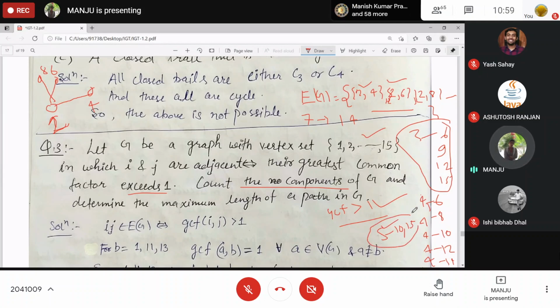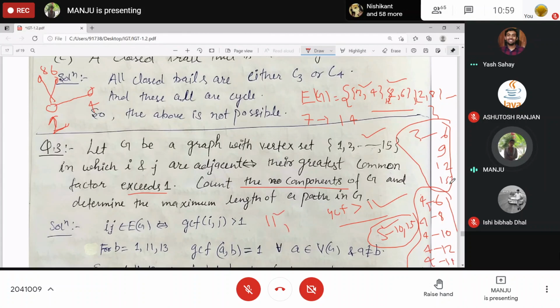That is coming from this one and this one, and 2 as well. 11, what about 11? With every other number from 1 to 15, it has greatest common factor 1. So 11 will be an isolated vertex.